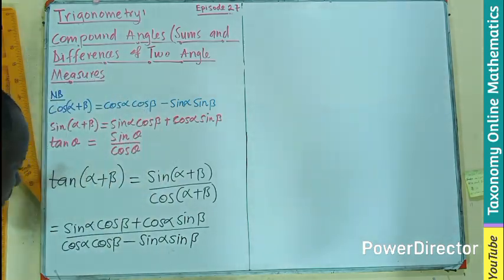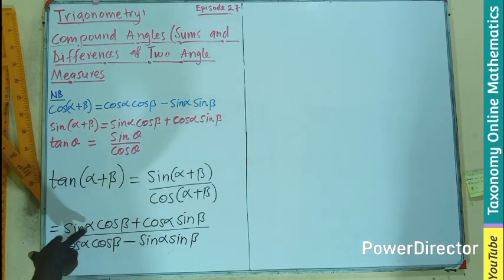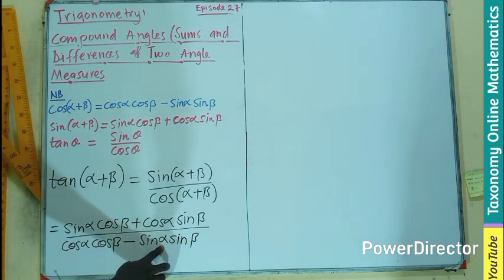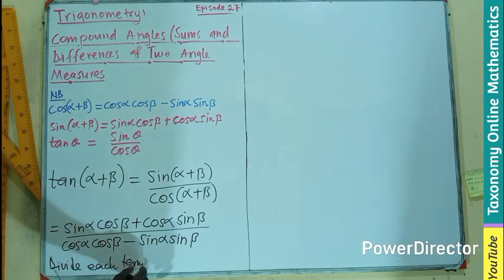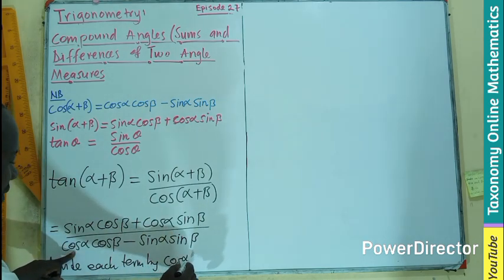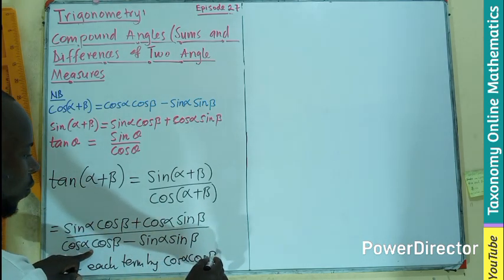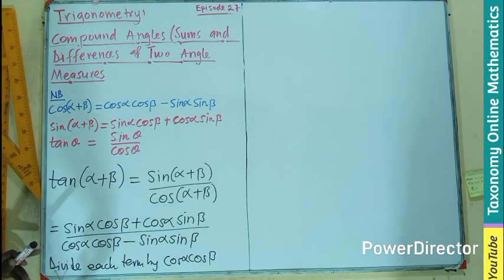Now, in this case, we need to eliminate some of them because we have two multiplications in each case. There are various ways we can do it. We can divide each term of both the numerator and denominator by cos alpha cos beta.